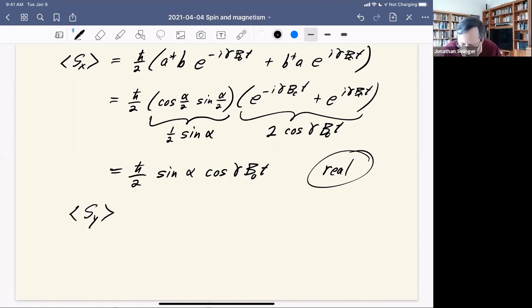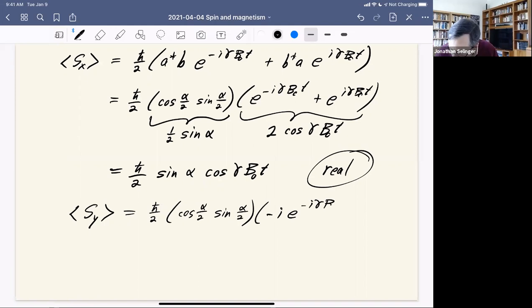And then likewise, the expectation value of Sy, it's all the same kinds of considerations. It is h bar over 2 cos alpha over 2 sine alpha over 2, and then there's a negative i e to the minus i gamma B naught t plus i e to the i gamma B naught t.